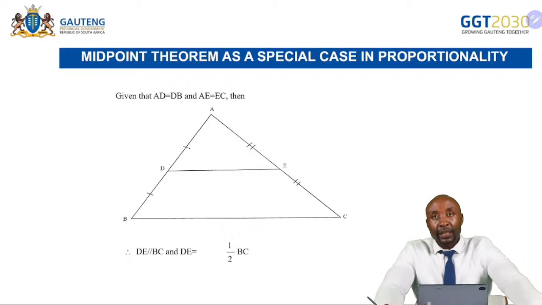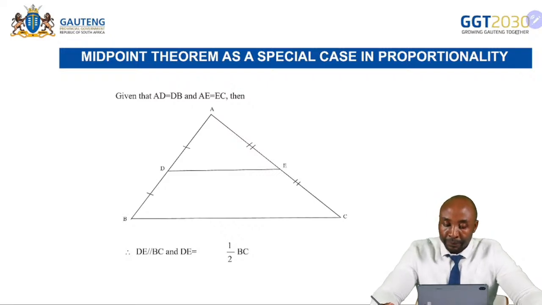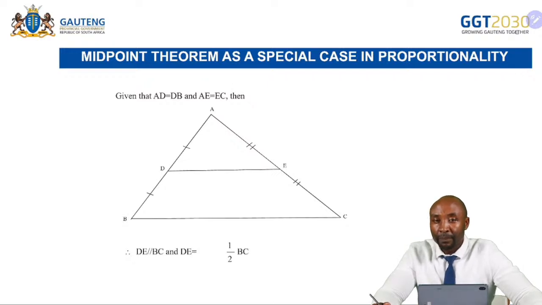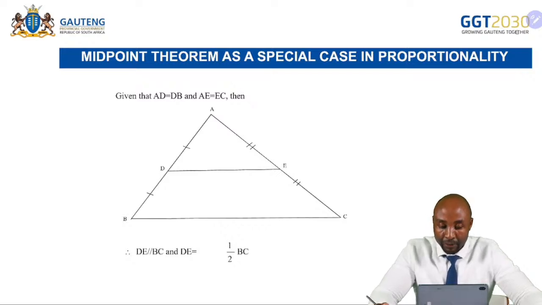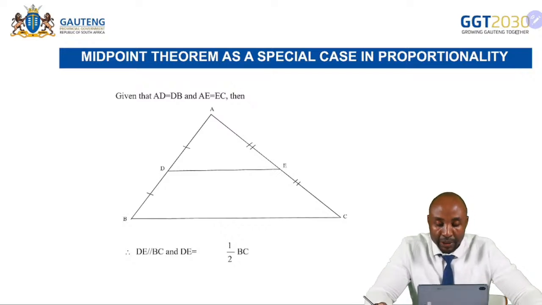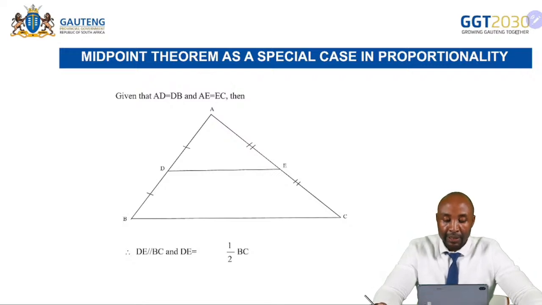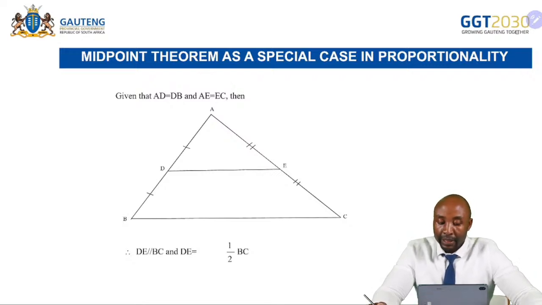Then we have a special type of our proportionality theorem, the midpoint theorem. I know that this one in grade 10, most of us, when we're supposed to prove shapes, especially our quadrilaterals, we used this theorem a lot. And most of us ended up just writing midpoint theorem without understanding what it means and how it works.